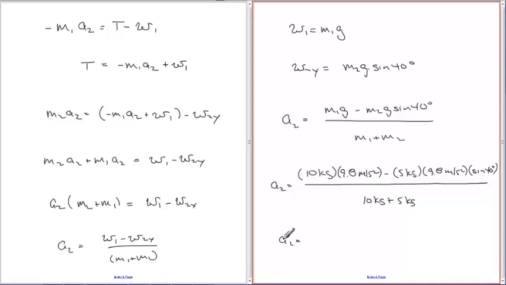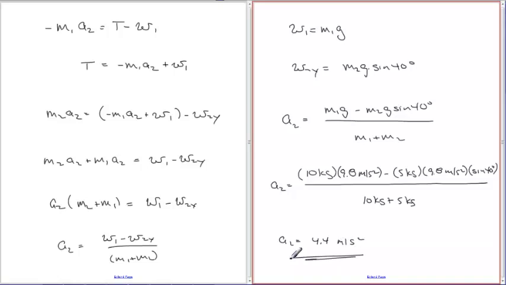So let's see what we get. We get 10 times 9.8 minus 5 times 9.8 times the sine of 40 degrees, that whole thing divided by 10 plus 5. And we get 4.4 meters per second squared.